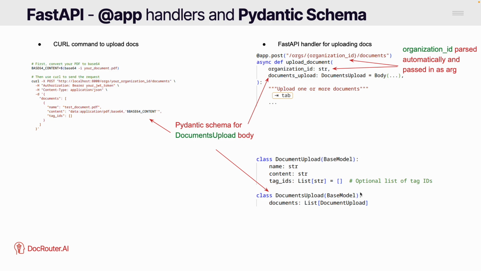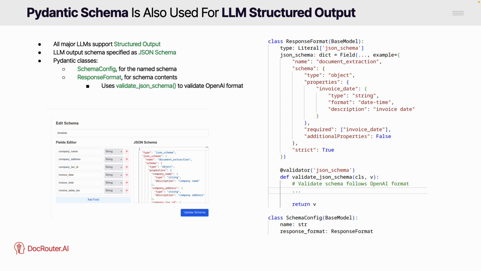And these would be the Pydantic schemas that say, for document upload, you just have a list of documents, and then each document has a name, a content, and a list of tags. By importing this and putting it as an argument as a type, FastAPI is smart enough to enforce that schema. So that's pretty cool. FastAPI really does a lot of work behind the scenes for us. And Pydantic schemas also come into play when you deal with structured output for LLMs.